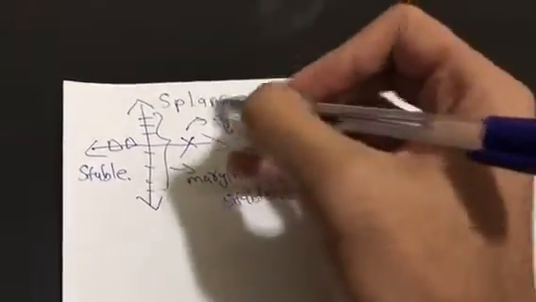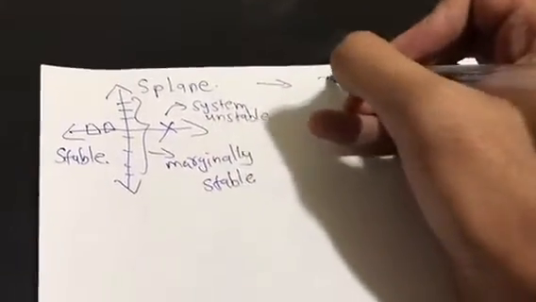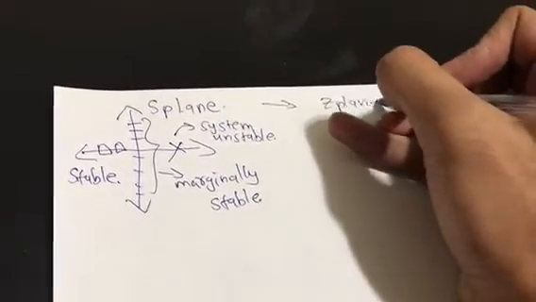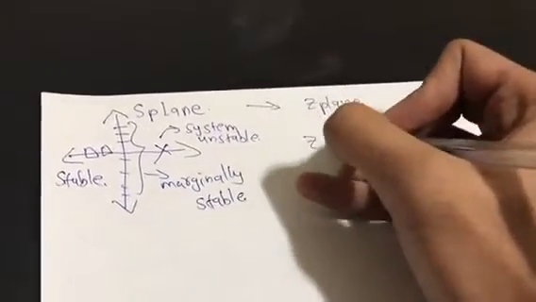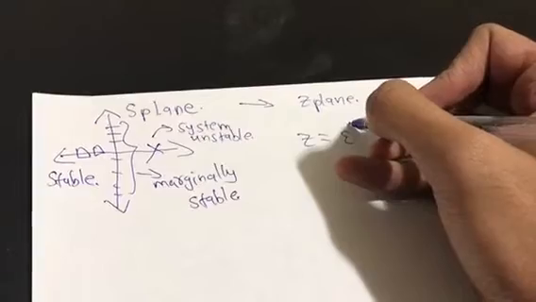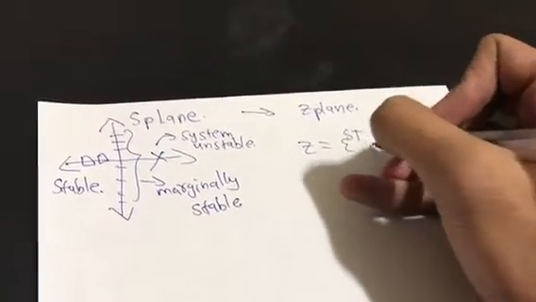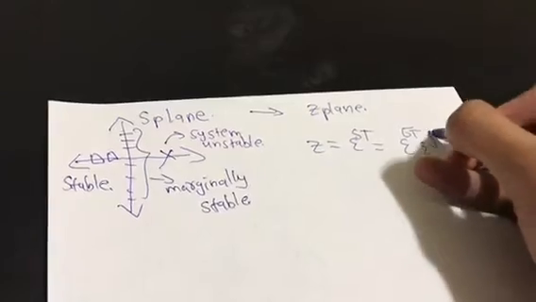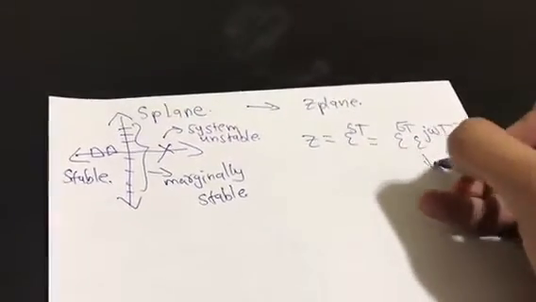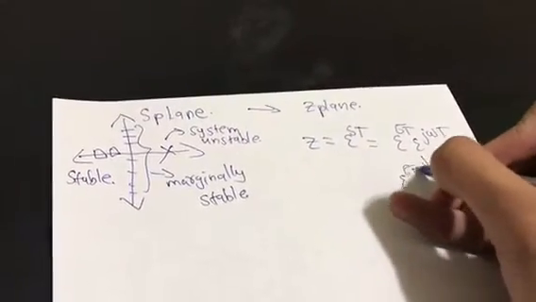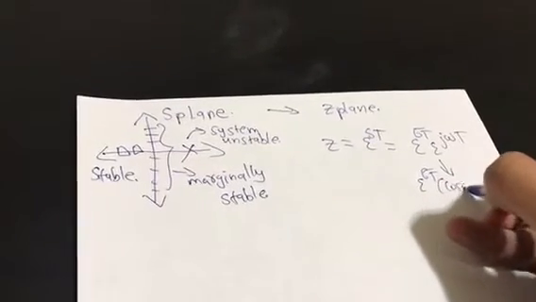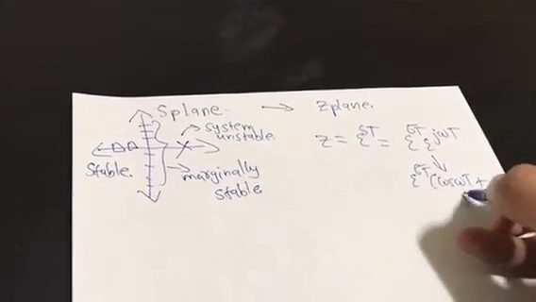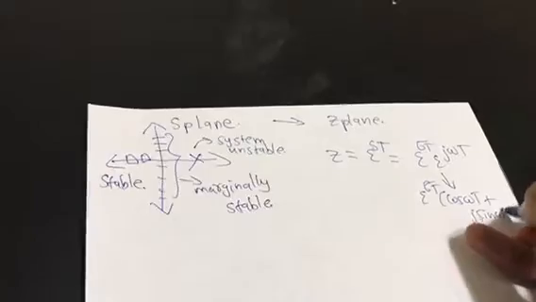Now, how do we map a given S-plane into a Z-plane? Alright, so the equation is z is equal to e raised to st, which is equal to e raised to sigma t times e raised to j omega t, where this will become e raised to sigma t times cos of omega t plus j sine of omega t.